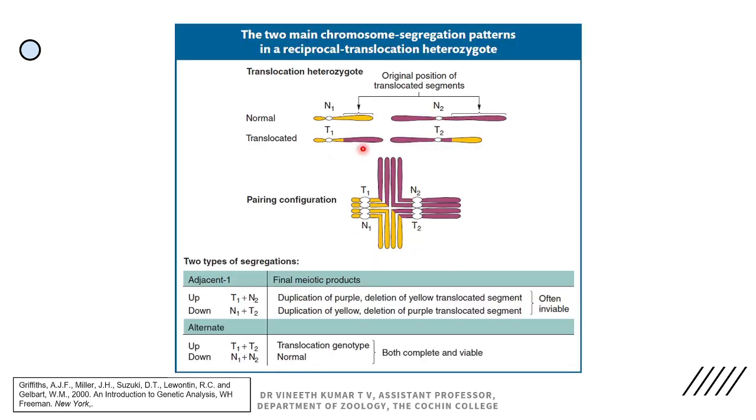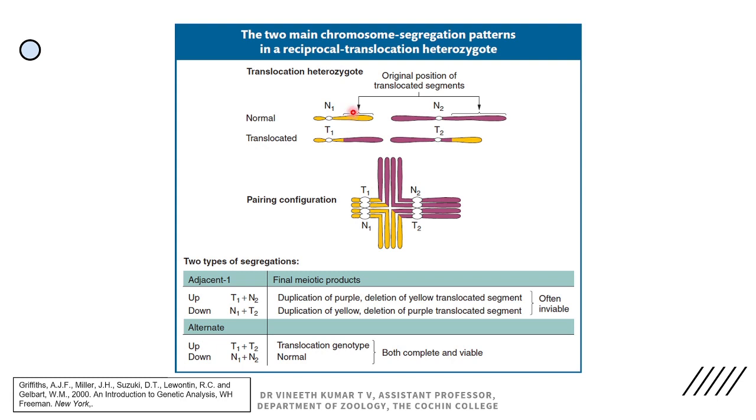Due to translocation also, you can have such a configuration during meiosis. N1 and N2 are the normal chromosomes. They are non-homologous chromosomes, that's why they are of different sizes and different colors. If you take one as the first chromosome, this one will be the second chromosome.